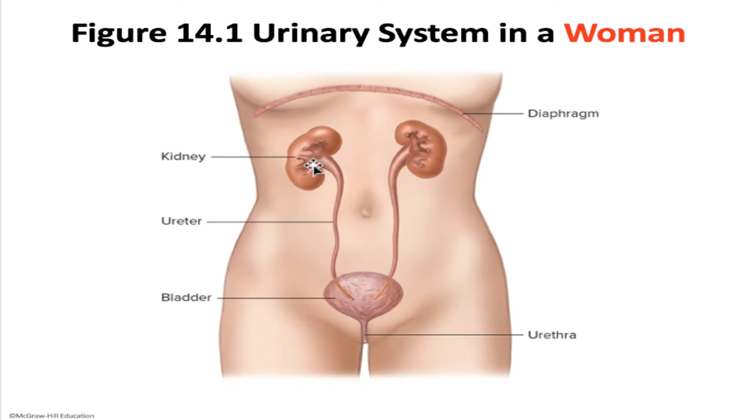Urine is collected in the pelvis of the kidney, and then it travels through peristalsis, through the ureter into the bladder, where it's stored until it's expelled through voluntary processes through another tube that's called the urethra.